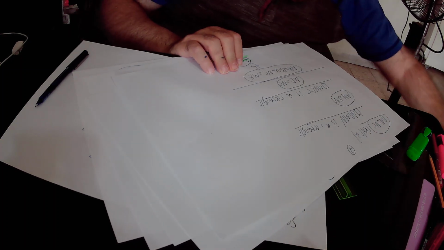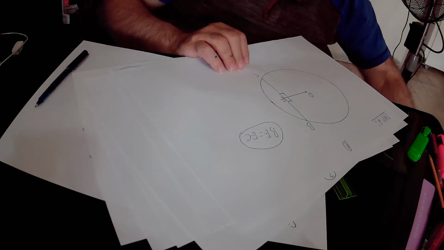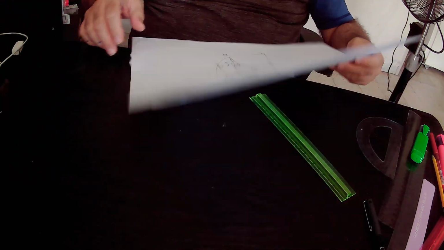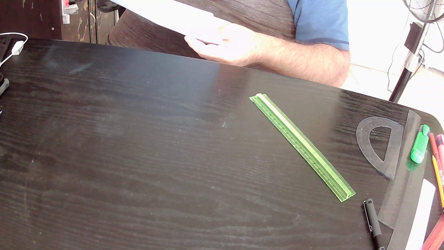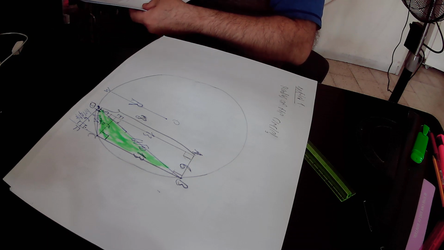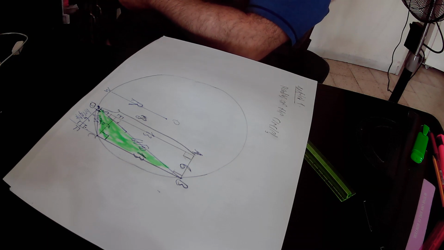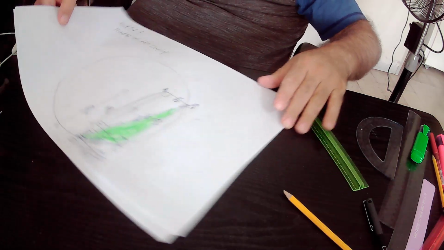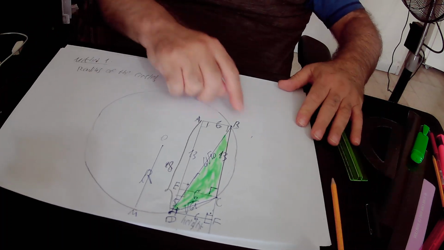We'll start with the first method. So in the drawing we have a circle.